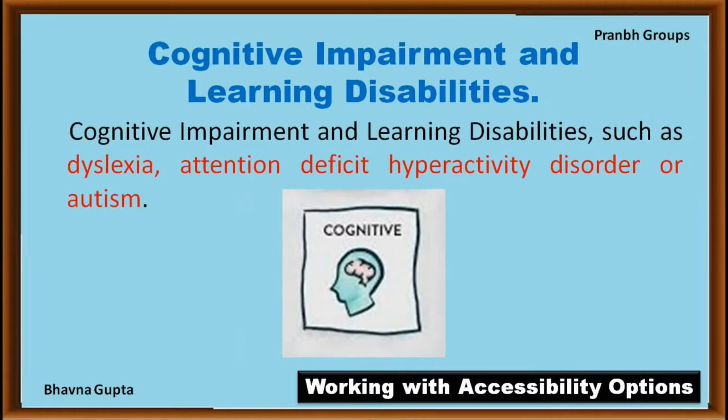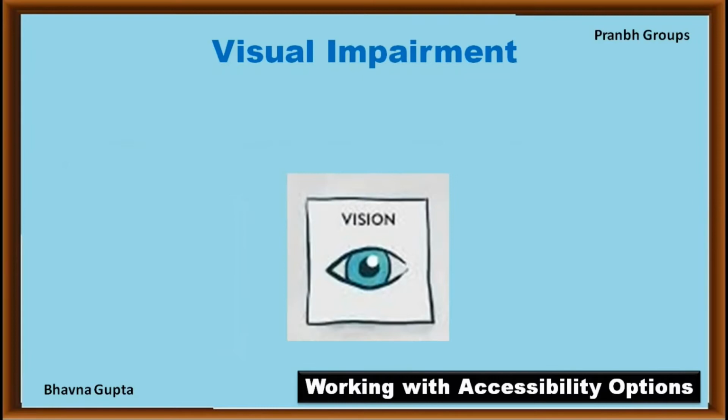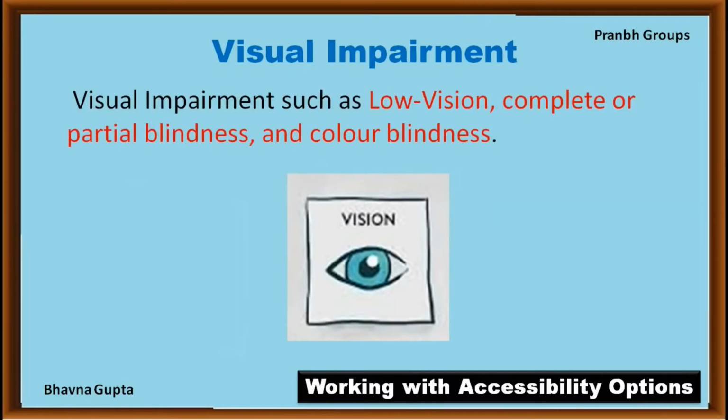People suffering from dysgraphia, dyslexia, ADHD or autism may be unable to read small text size, may struggle with bright screens, and may even be unable to produce handwriting reliably. The second impairment is visual impairment.